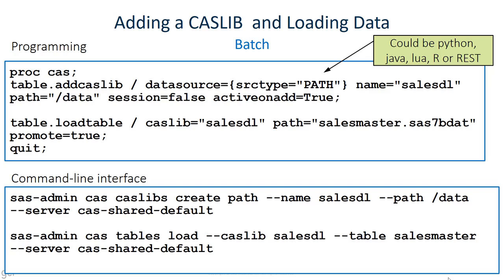So we create a path-based CAS lib in the first step, point it to the path, and then in the second step, we load that same table from the path-based CAS lib into memory. So that takes salesmaster, which is in the source of the CAS lib, and lifts it into memory so that it's in memory for anyone within Visual Analytics or Data Studio to use it.